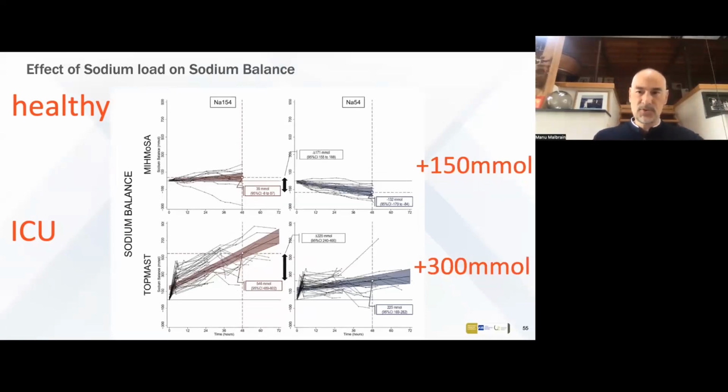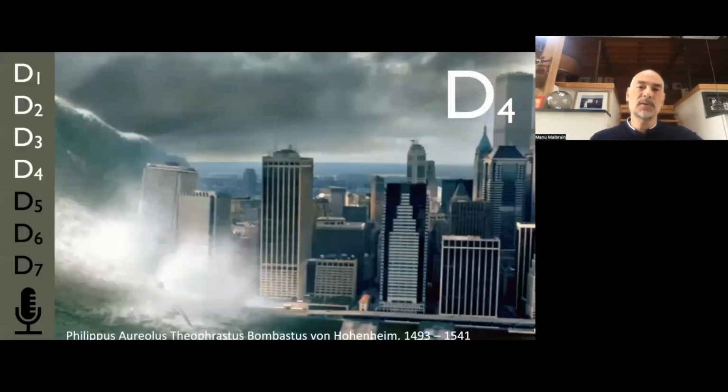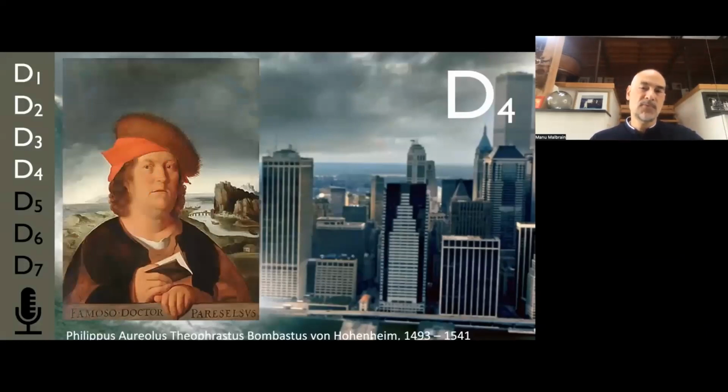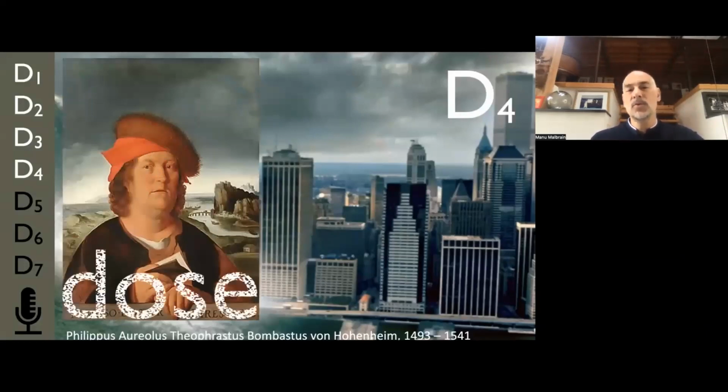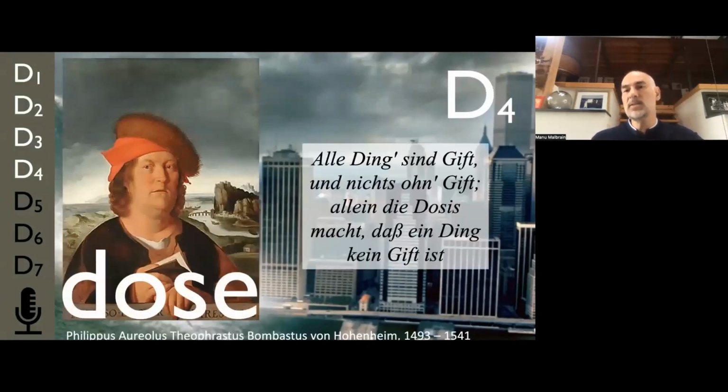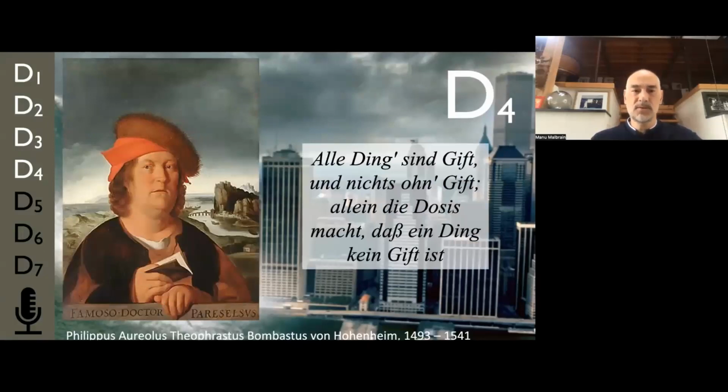And the same is true for the sodium balance. So saline-containing solutions, it's after 48 hours, more positive sodium balance. And even for healthy kidneys, it takes a while to get rid of the excess sodium. So D4 is on the dose, and it's the dose that makes the poison, as Paracelsus nicely said.